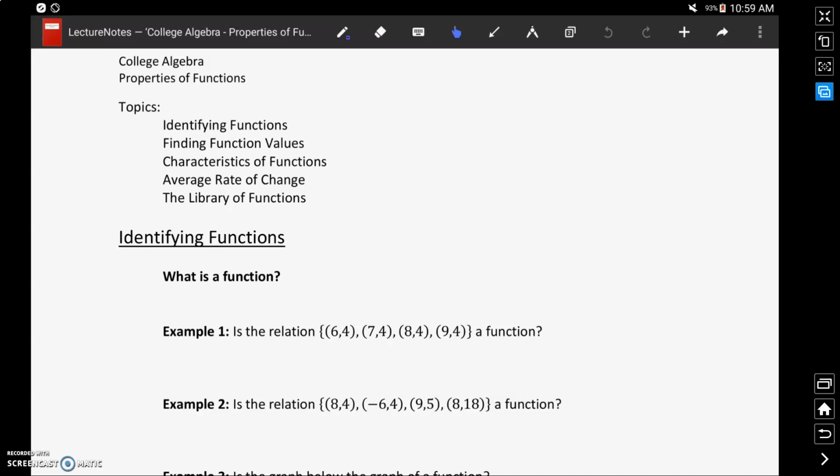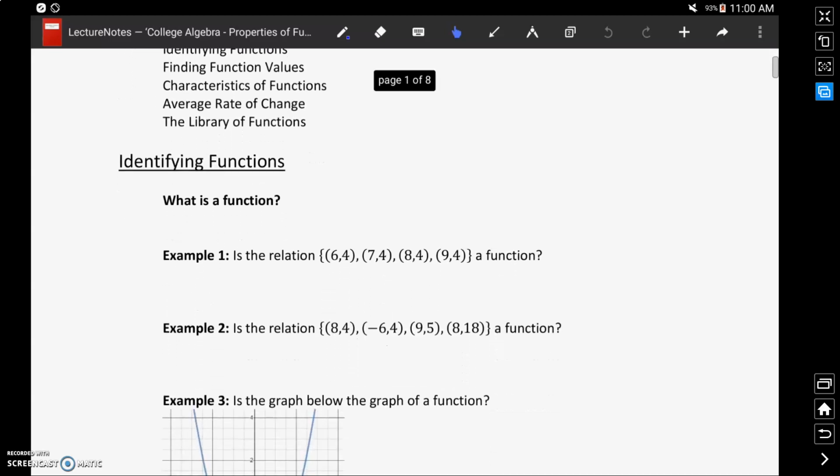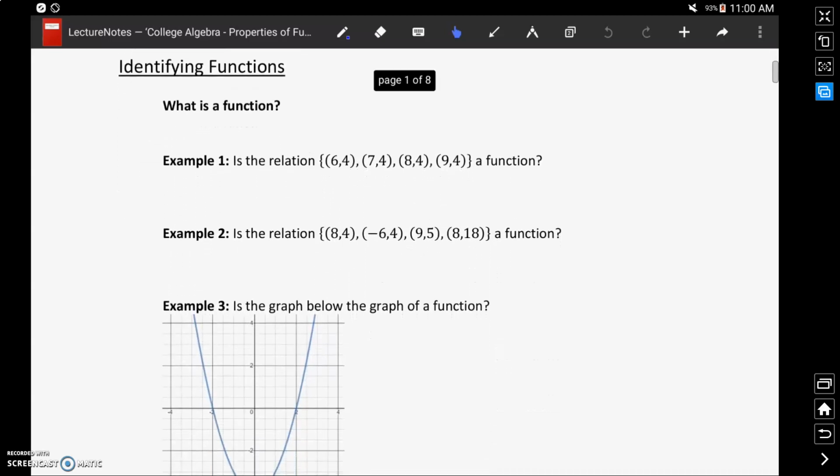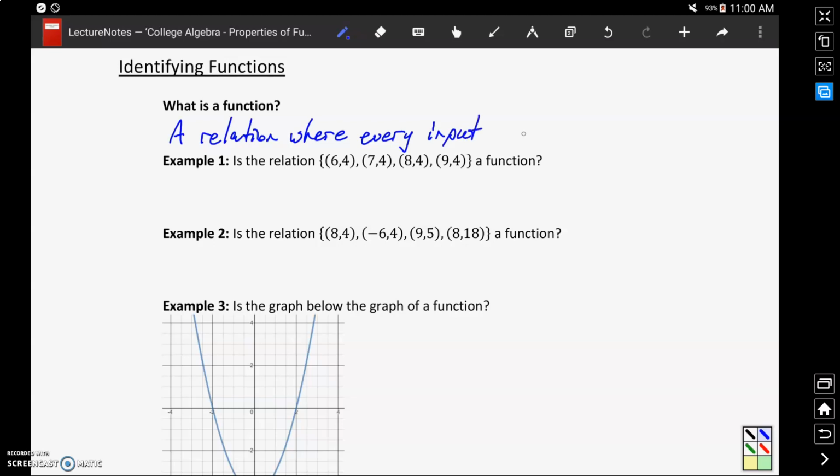We want to spend some time talking about the different properties of functions. But before we get into that, we need to answer the more basic question of what is a function? There are different ways to go about defining this, but one relatively simple way is to say that a function is a relation where every input has one unique output.